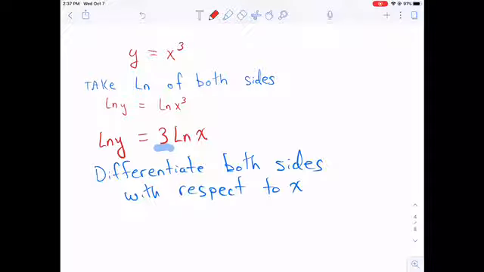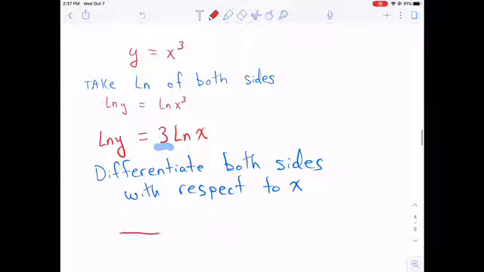Next we differentiate both sides with respect to x. To differentiate the log of y, well, it's 1 over y, but then we need to multiply it by dy/dx. Right, so we're using the chain rule because we're differentiating with respect to x. The chain rule says go ahead and differentiate it with respect to y first, but then multiply by dy/dx.